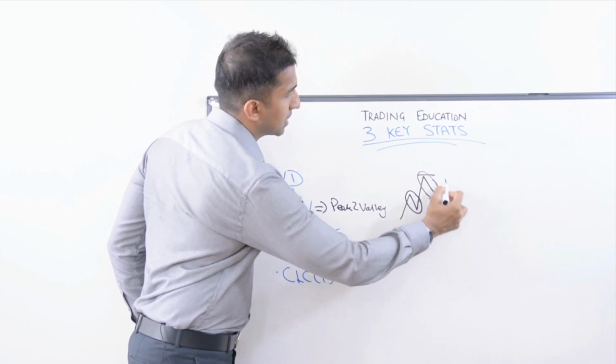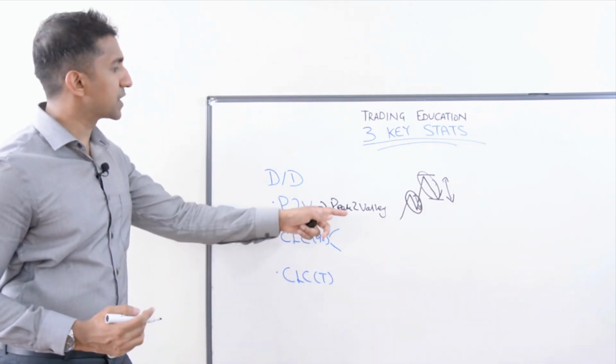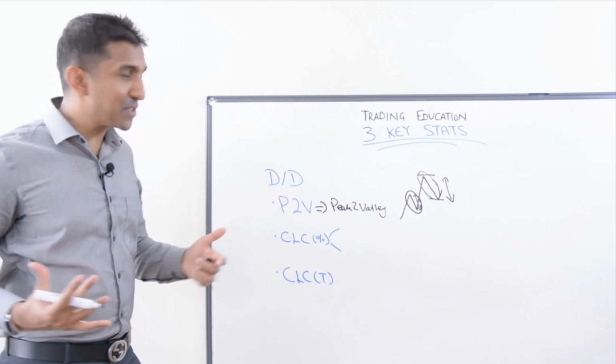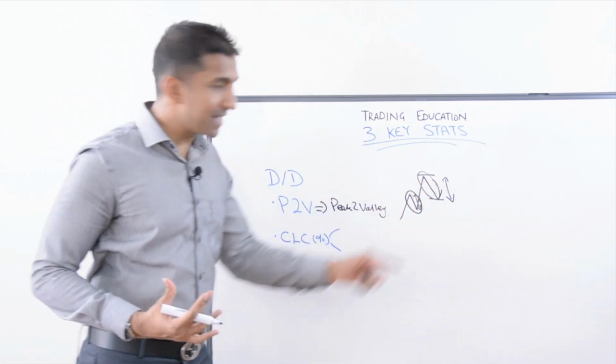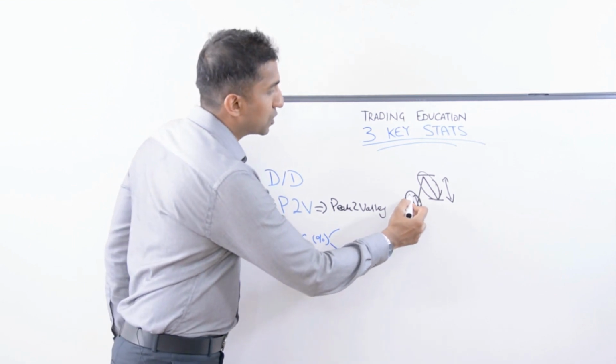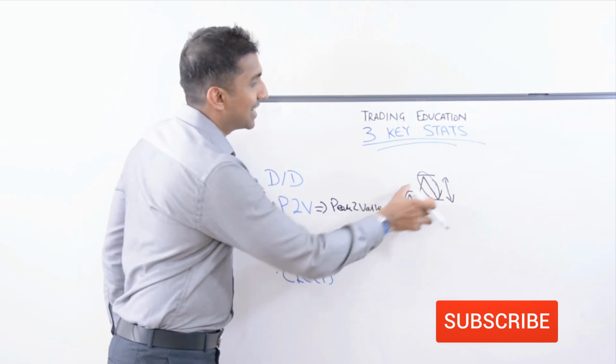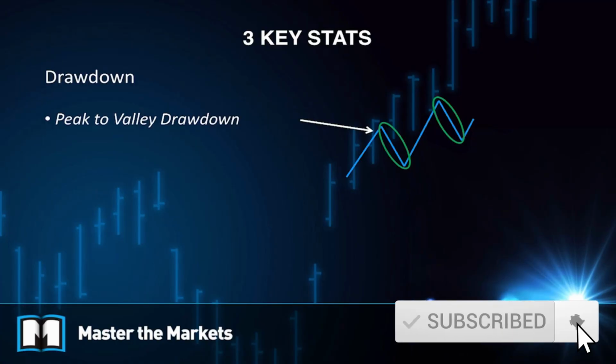So measure the distance compared to this, okay? All you're doing is equating all your results into an equity curve like this, and then measuring which of those peak to valley drops, basically a high to a low, is the highest, okay? So that's called peak to valley.